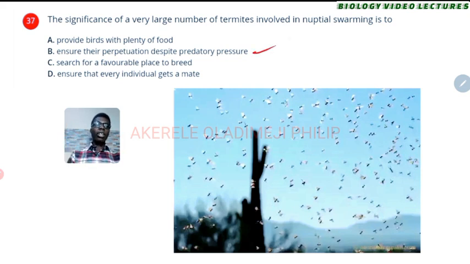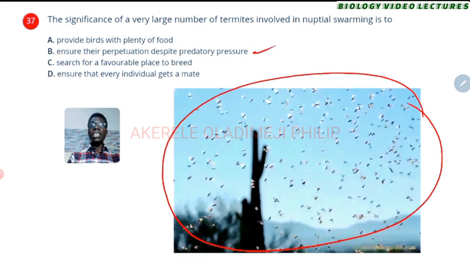Disperse. Now, some of them, or a lot of them, will be eaten. Lizards will eat them, birds will eat some of them, humans will kill some of them.